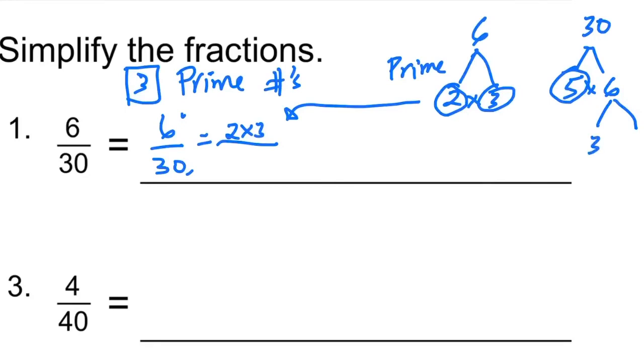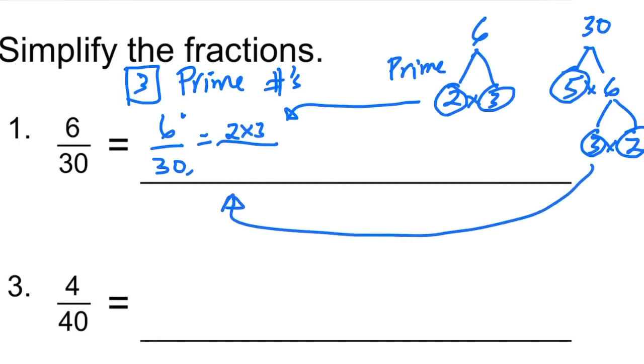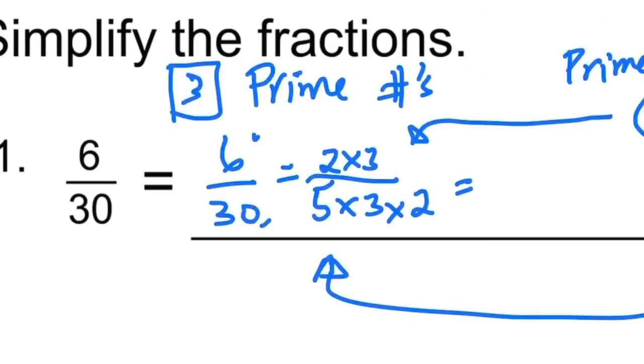That will be 3 times 2, and those numbers are now prime. Now I'm going to put that over here. I'm going to put the numbers in the circle. 5 times 3 times 2, that's 30.